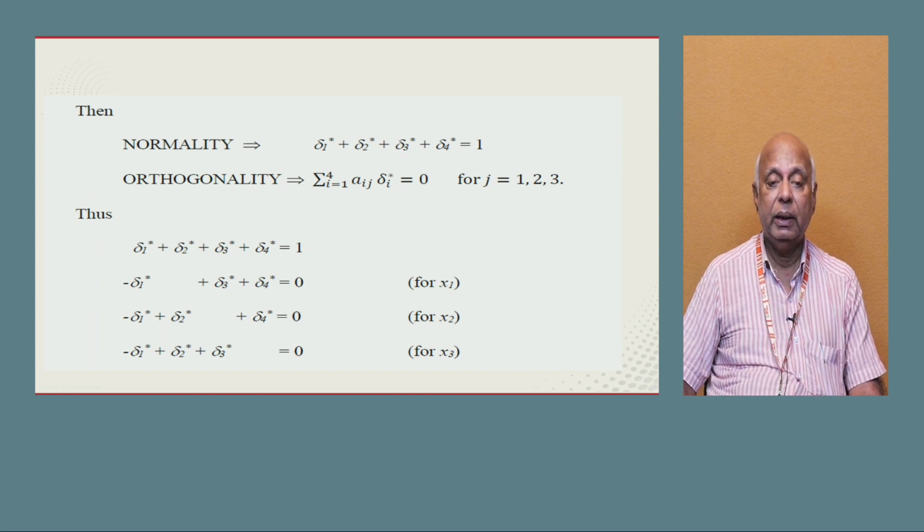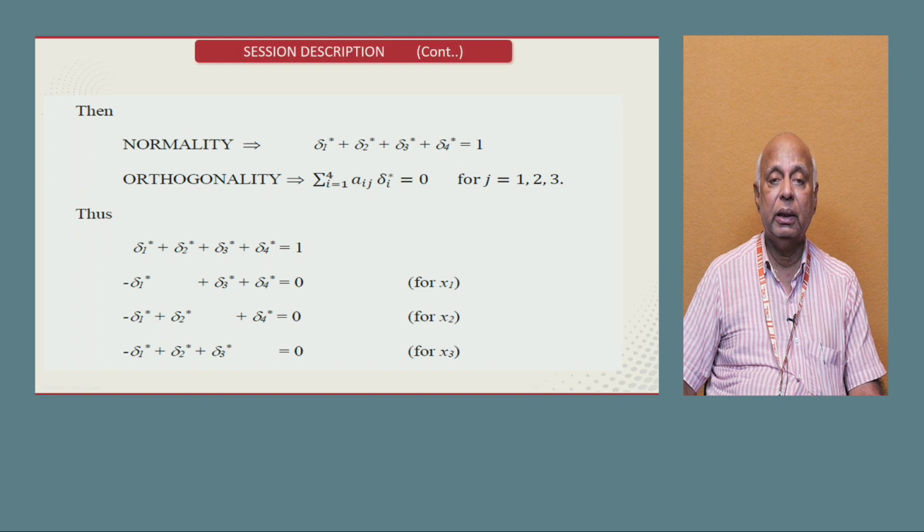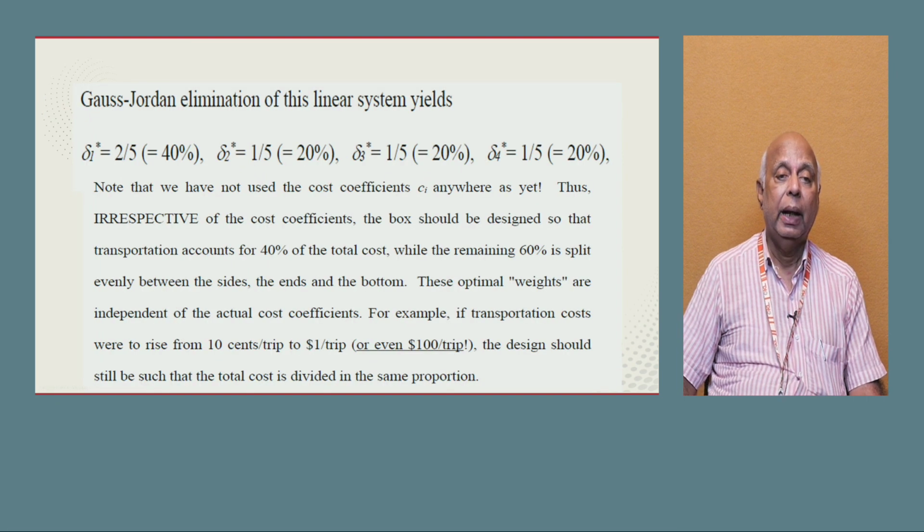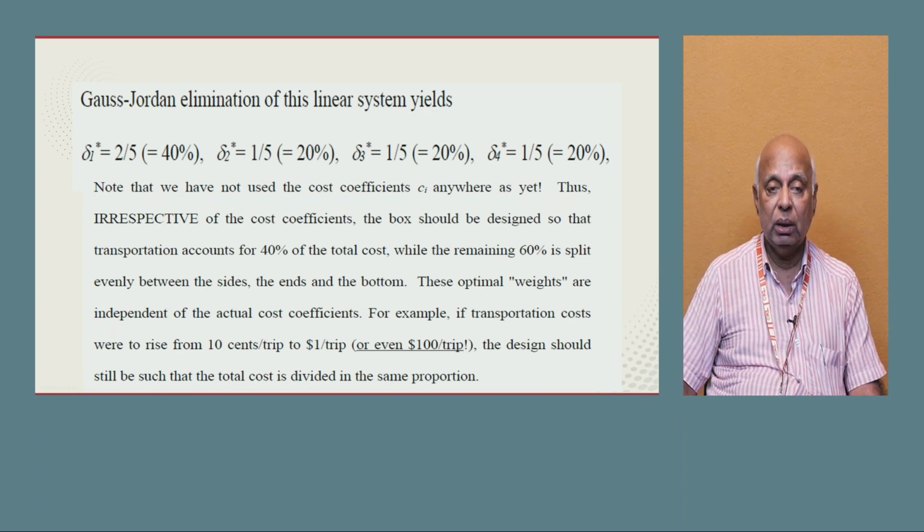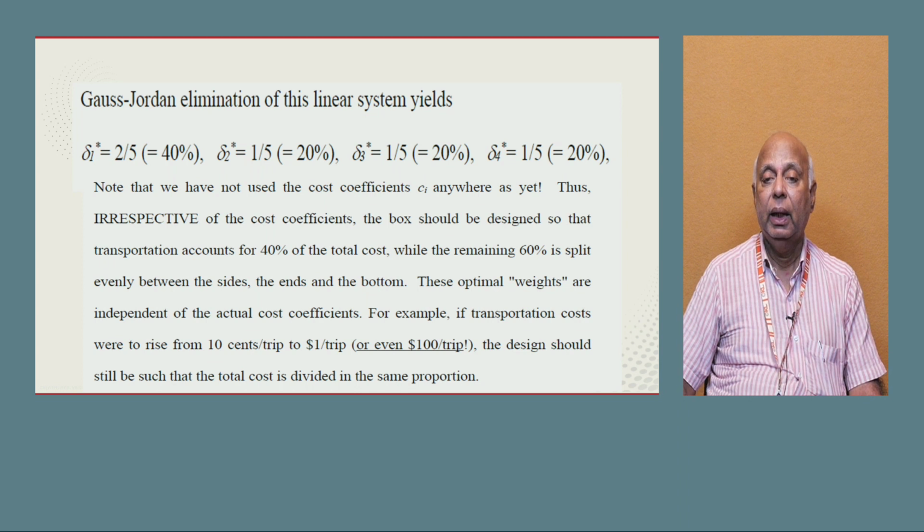And for x1, x2, x3 we have separate conditions. When we apply Gauss-Jordan, delta 1 star is 2 by 5, that is 40%, delta 2 star is 1 by 5, that is 20%, delta 3 star is 1 by 5, that is 20%, and delta 4 star is also equal to 1 by 5, that is 20%.